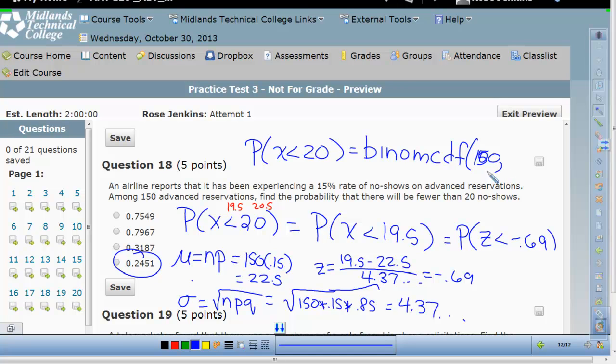P is 0.15, right? And then I'm going to put in 19. Not 20, because in this case 20 is not included. We want less than 20. So just do binom CDF.